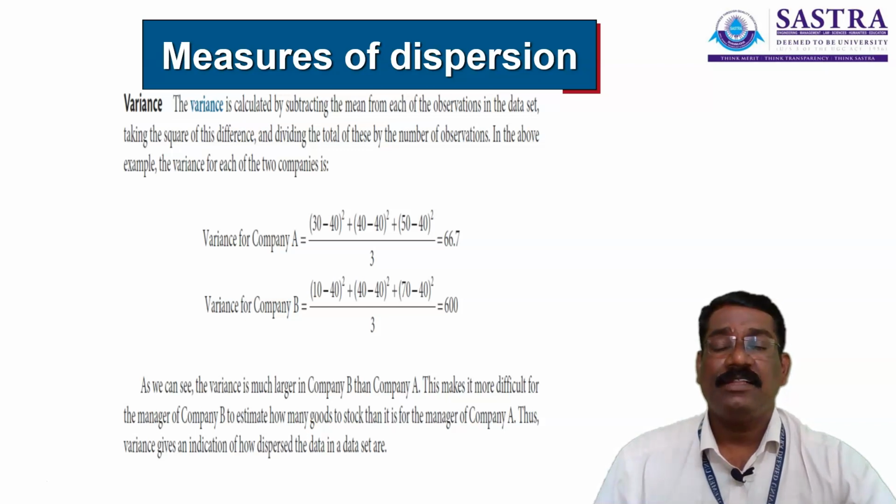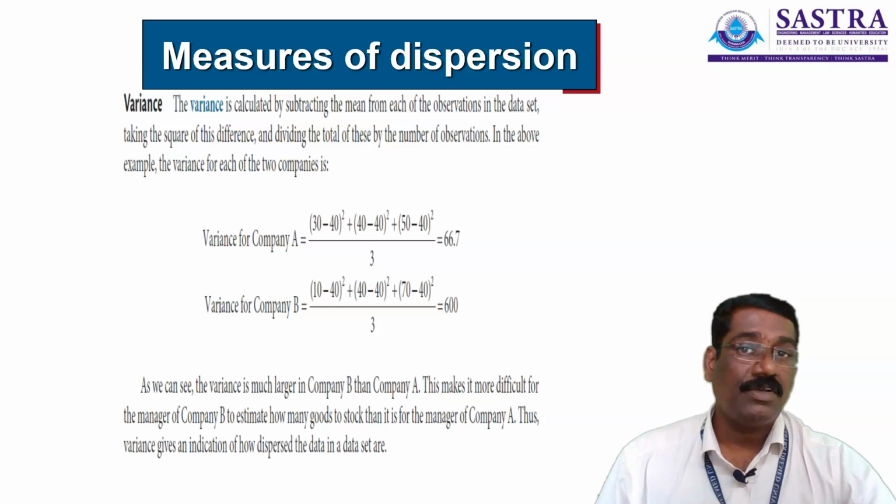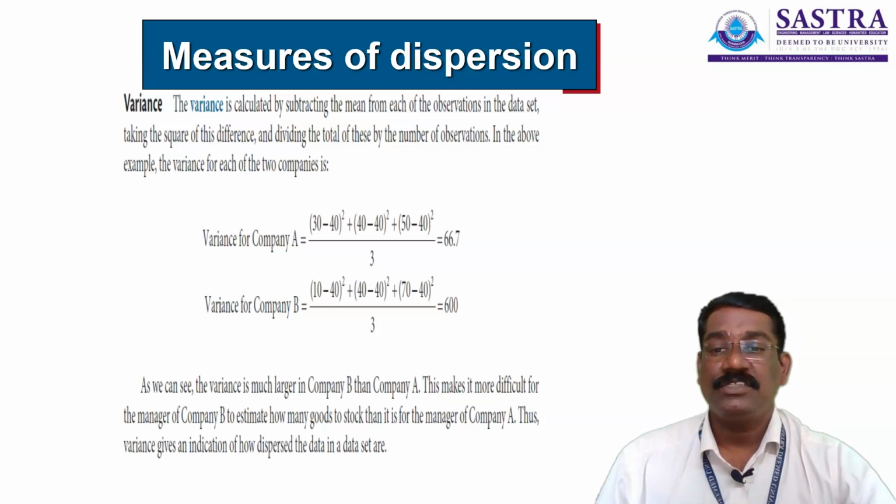Let's take the earlier example. The variance for each of the two companies, company A and company B, is very clearly depicted here.